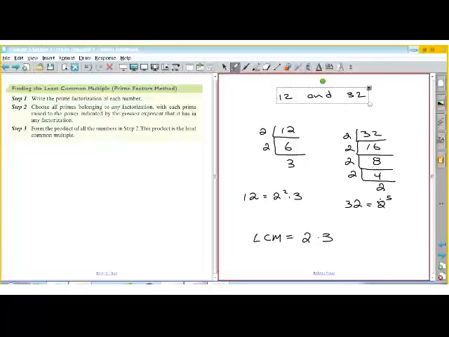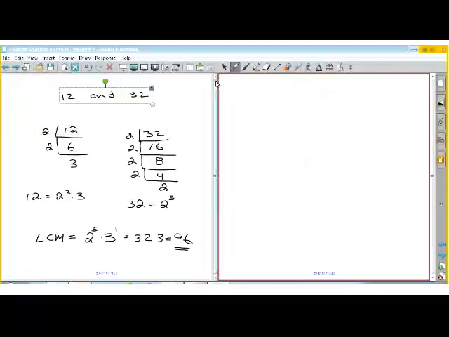And then you choose the largest exponent. So here, instead of choosing the smaller one, I'm going to choose the larger one. And here, there's only one of them, so it's to the first power. So that ultimately ends up being 32 times 3, which is 96. So that is the least common multiple of these two.